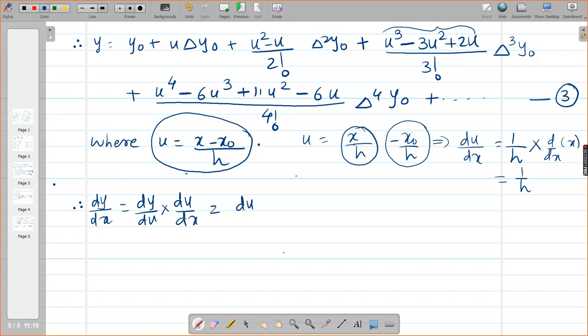Which I can rewrite as du upon dx into dy upon du. So सबसे पहले मैं du upon dx लिख रही हूँ यहाँ पे. du upon dx मेरा आ गया है 1 upon h. And now I will derive the whole y function with respect to u. Can you tell me what is the derivative of y naught with respect to u?